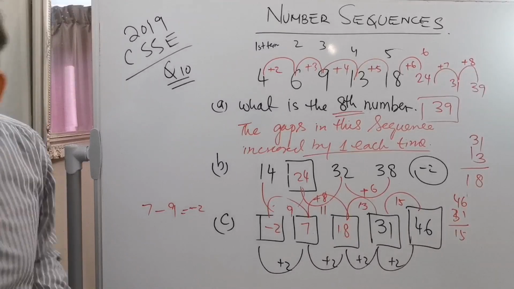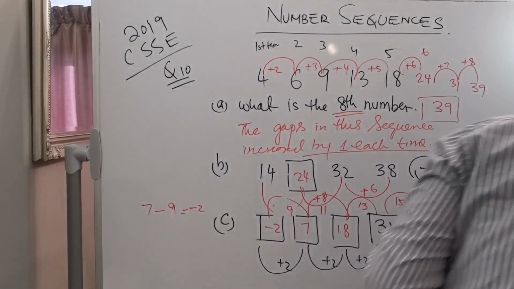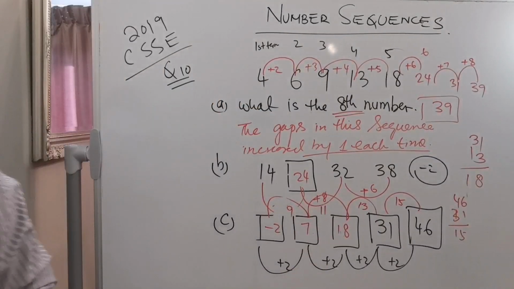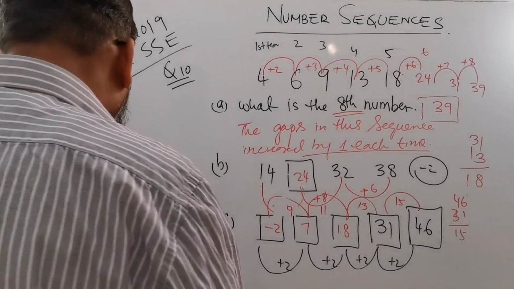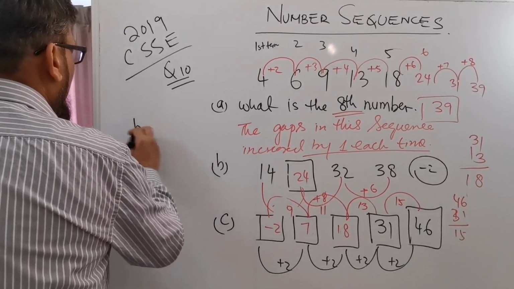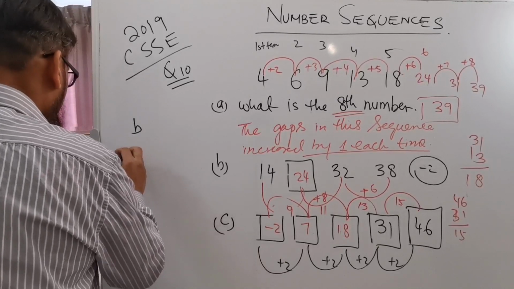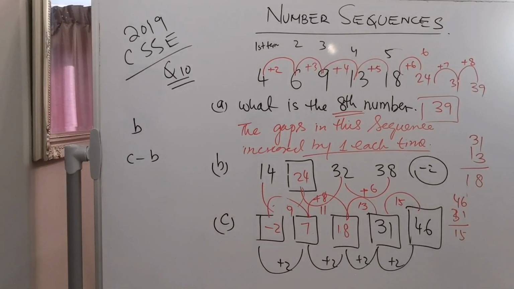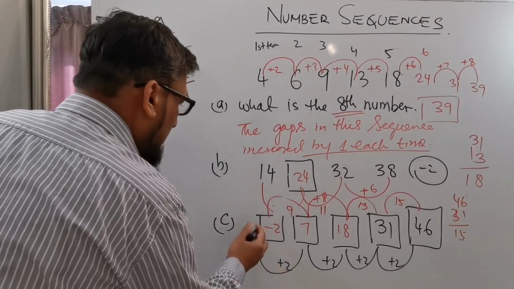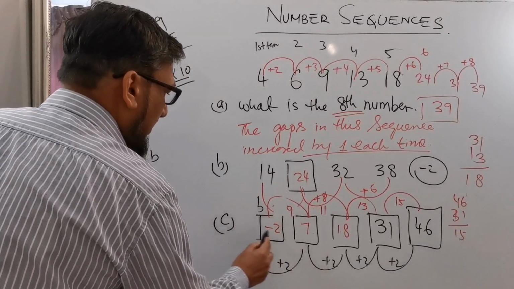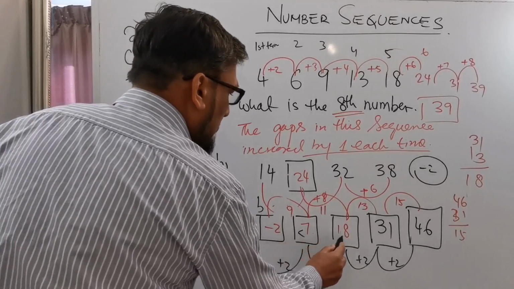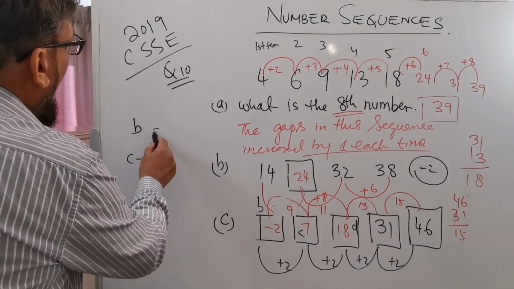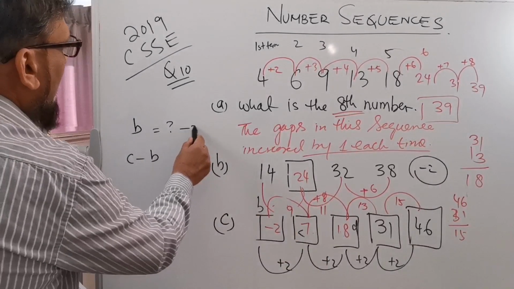And now part C is asking what? Using the sequence we found, part C is asking for the value of B, and to find the difference C minus B. So this one is B, this one is C, and this one is D. The question says, what is the value of B? The value of B we worked out is minus 2. That is your answer.